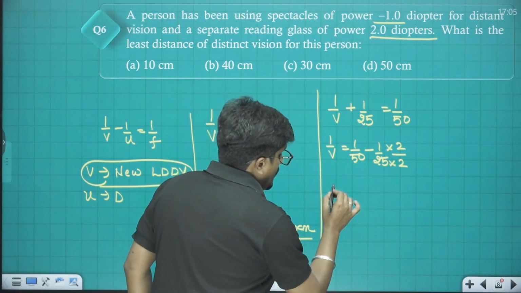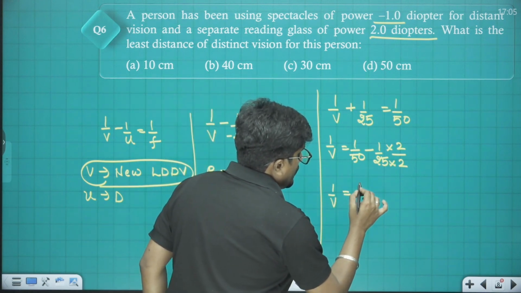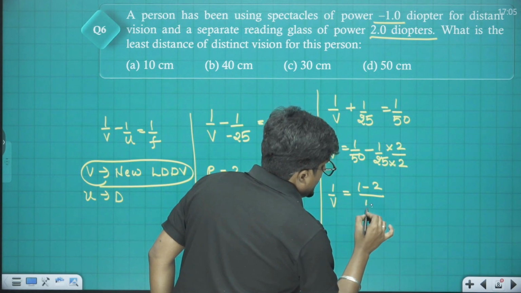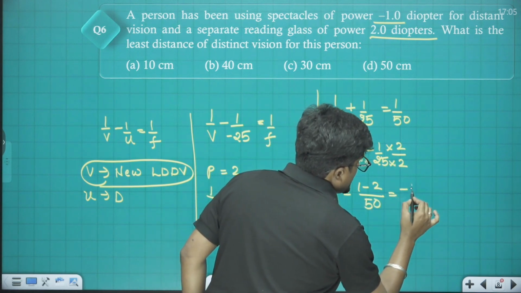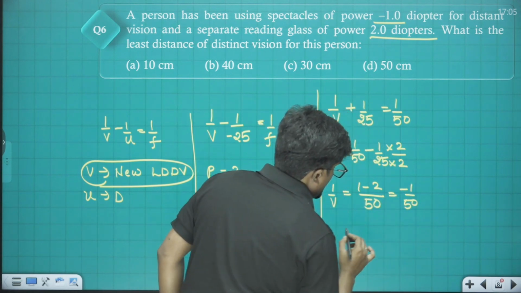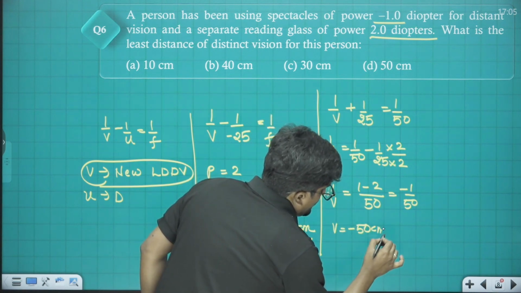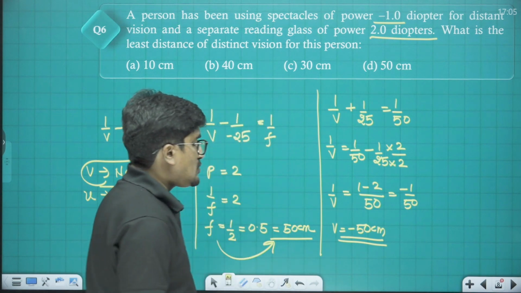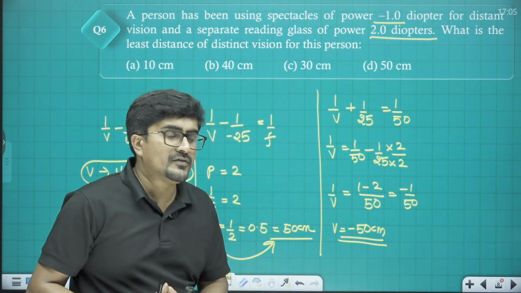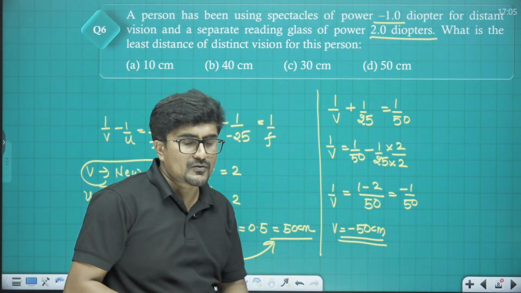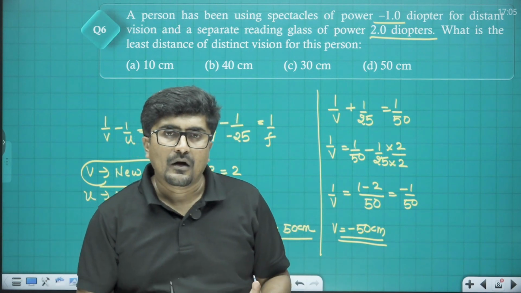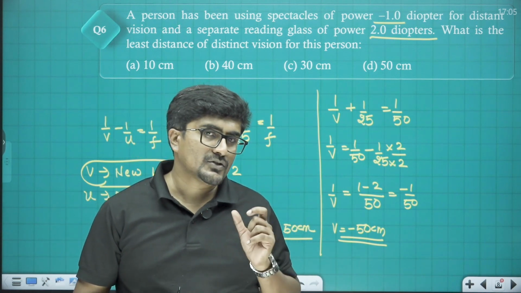So 1 by V is going to be 1 minus 2 divided by 50, that is minus 1 by 50, which means V is equal to minus 50 centimeter. So the new least distance of distinct vision is minus 50. So I repeat once again, earlier the least distance of distinct vision was 25.